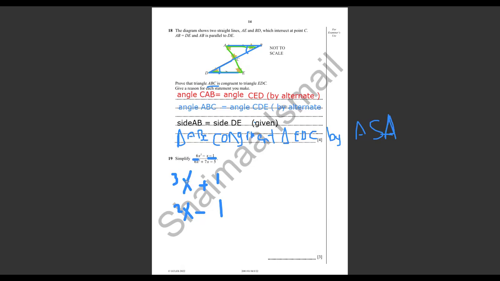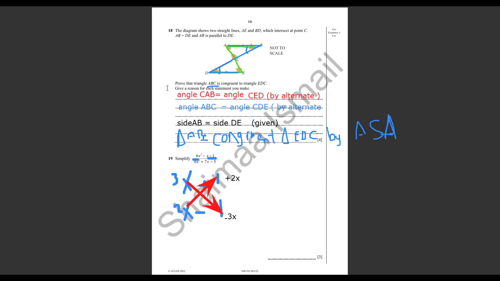That is my way of factorization. So that is 3x equal to 3x here. And here is minus 3x, and here is plus 2x.